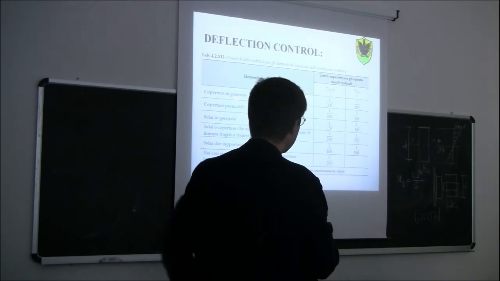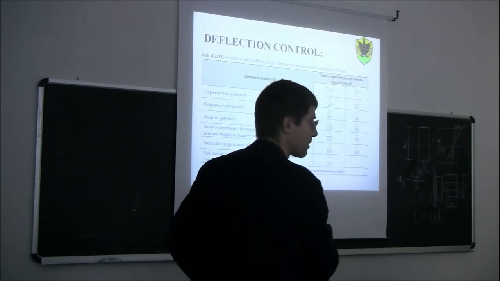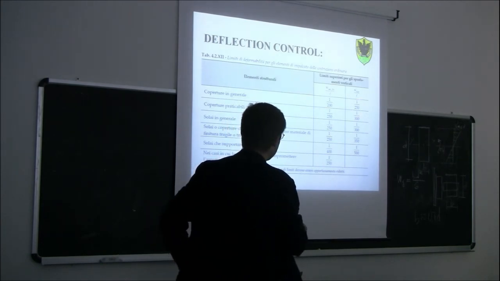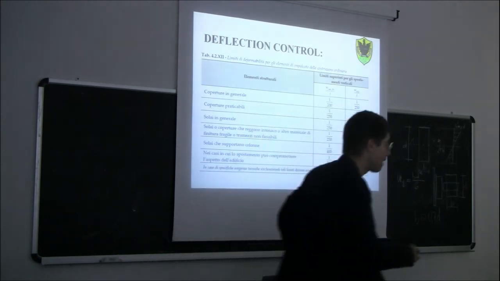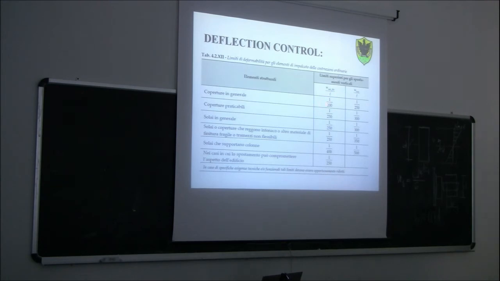For roofs, if a roof is not accessible, then the instantaneous deflection shall be less than 1 divided by 250 times the length. Instead, if the roof is accessible, this instantaneous deflection will be less than 1 divided by 300 times the span length. In terms of net final deflection, it is 1 to 100 or 1 to 150, depending on whether the roof is not accessible or it is accessible.